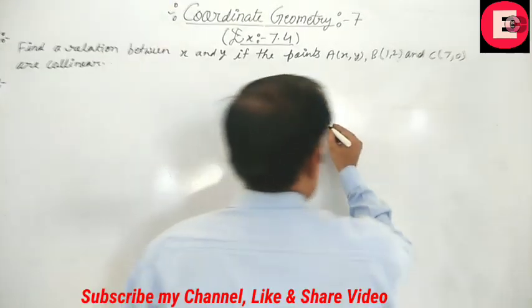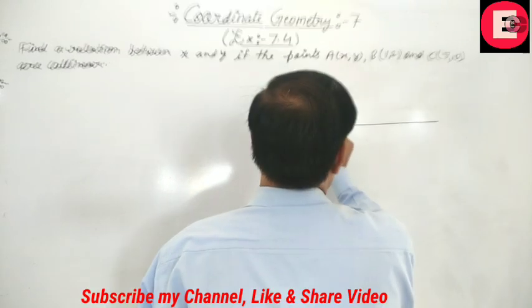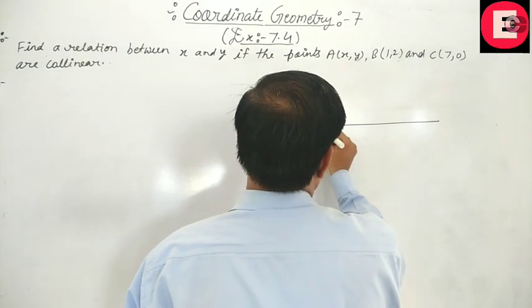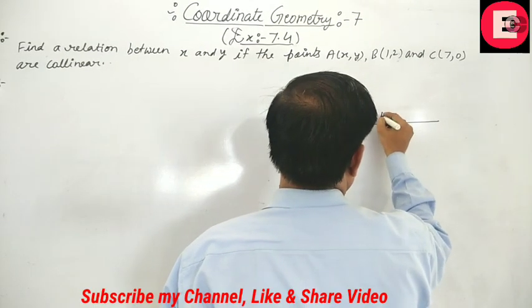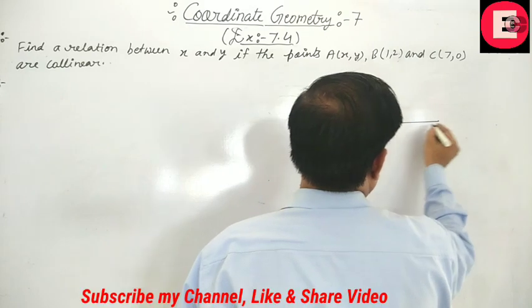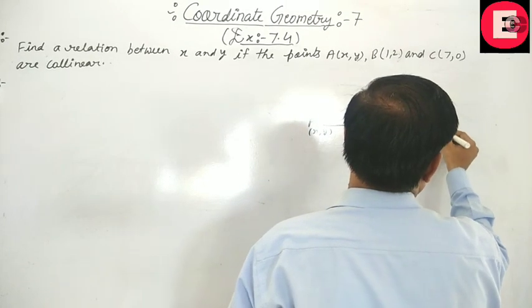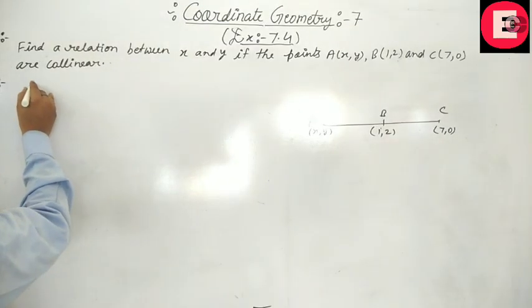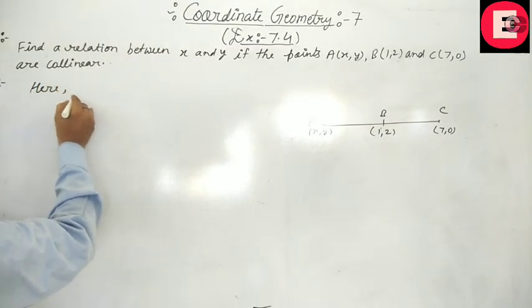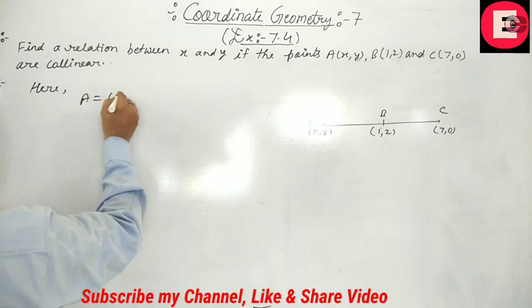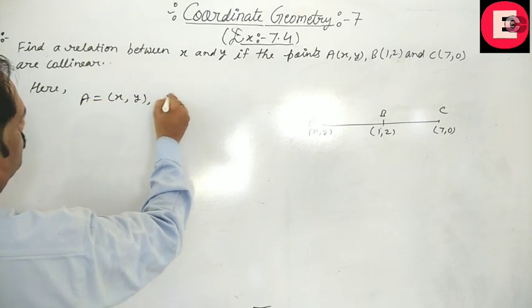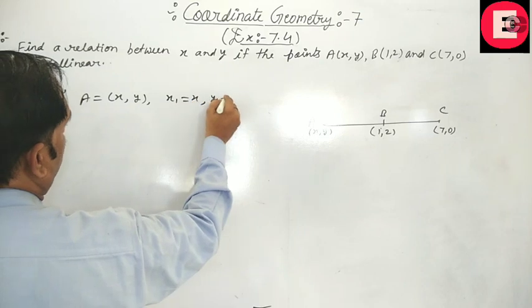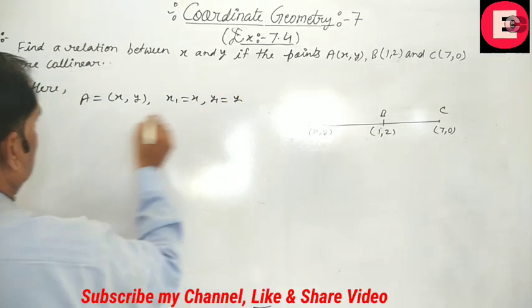Here A is (x, y), which means x1 is equal to x, y1 is equal to y.